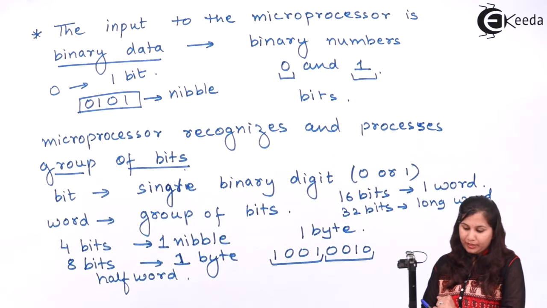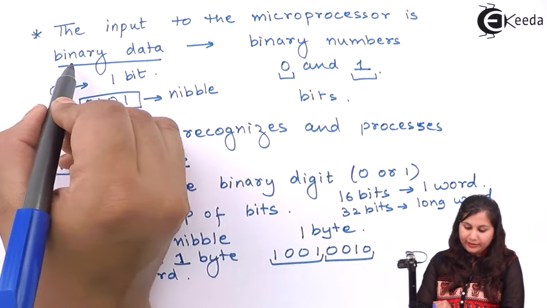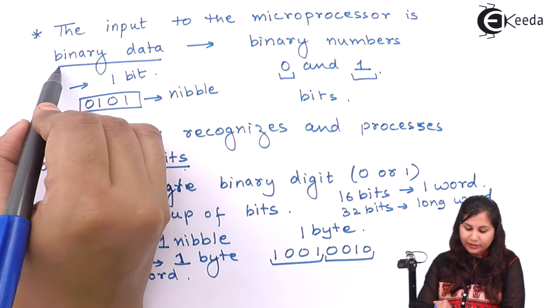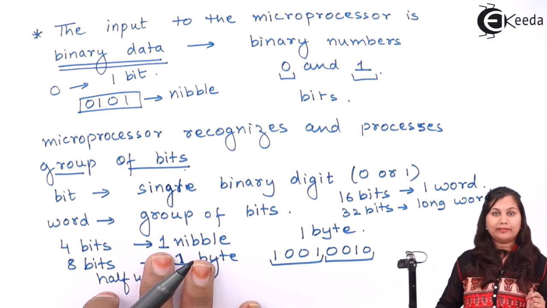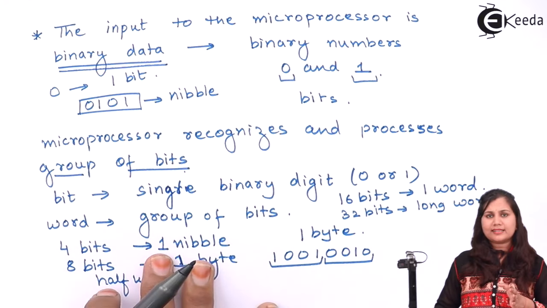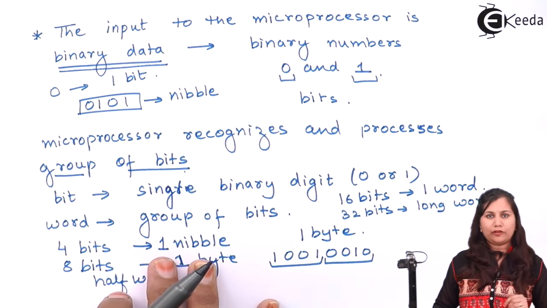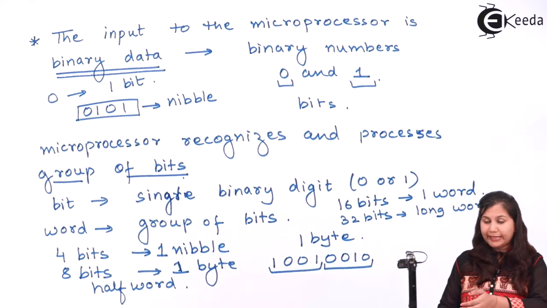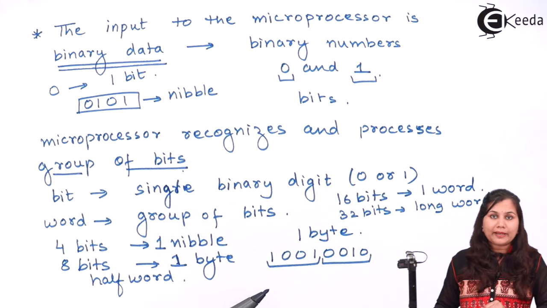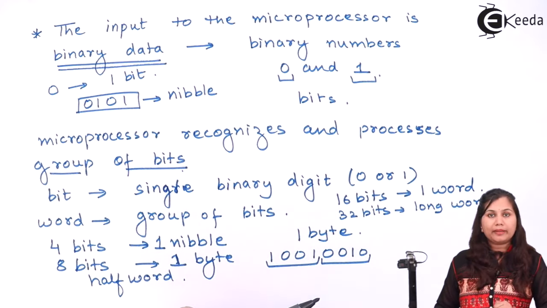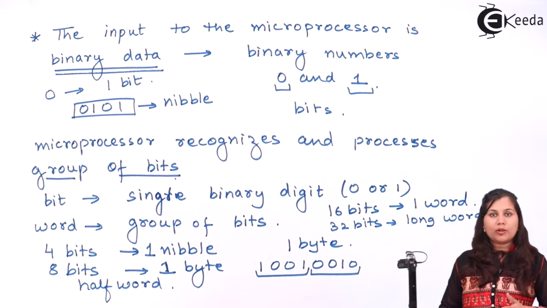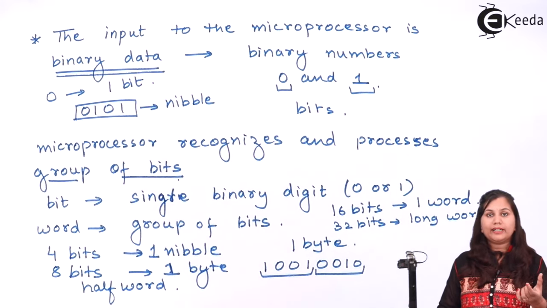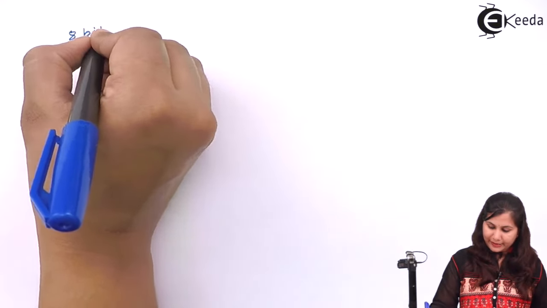Now we have studied here that the microprocessor deals with binary data only. So the output of the microprocessor will also be binary data. This is the way in which we can define a microprocessor. If it is dealing with 8 bits, then it will be called an 8-bit microprocessor. If it is dealing with 16 bits, then we can say that it is a 16-bit microprocessor. So in this way also microprocessors are defined by what type of input they get.